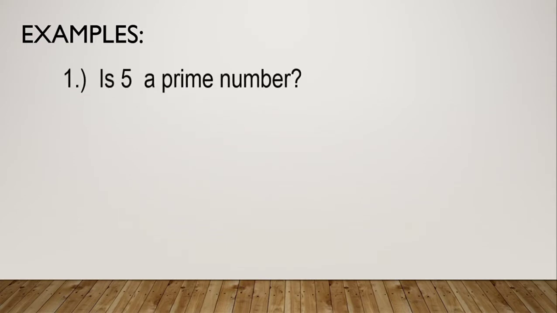So now let's proceed to the examples for you to have a clearer understanding. The first example: is 5 a prime number? Let's think of the numbers that could possibly be factors of 5. There are no other factors of 5.